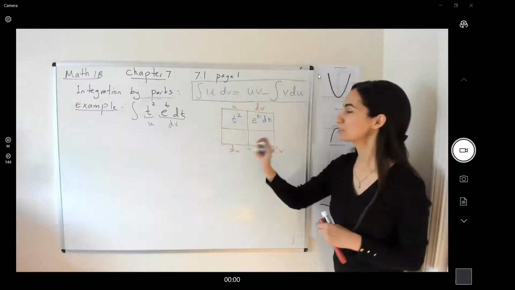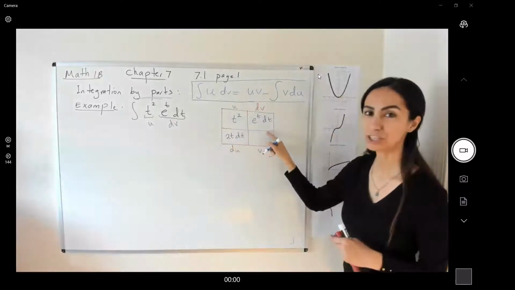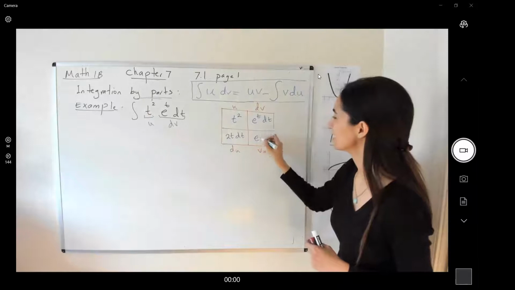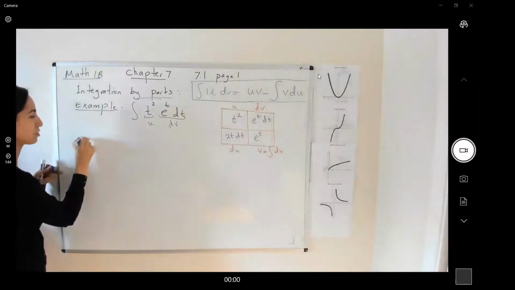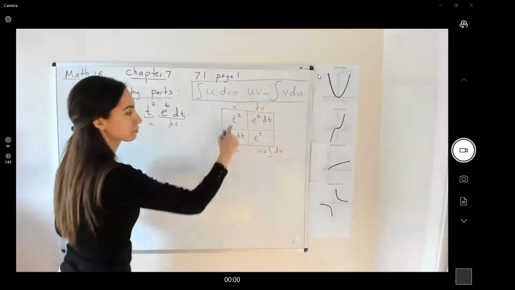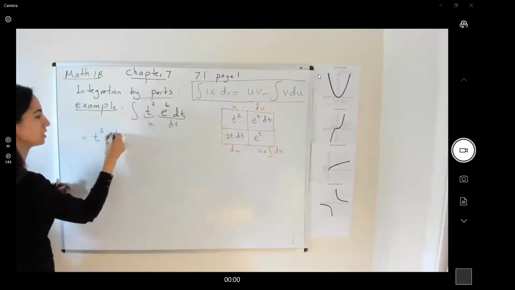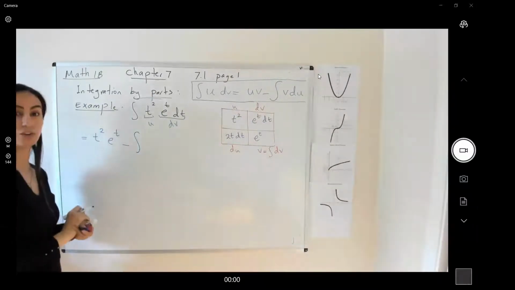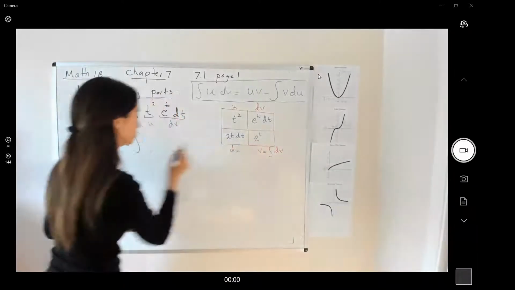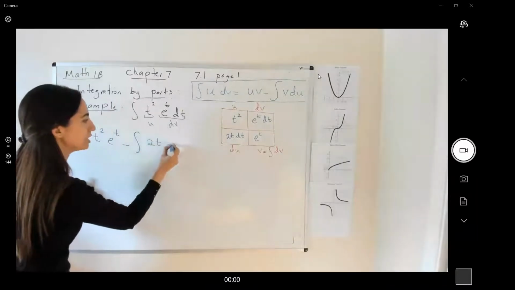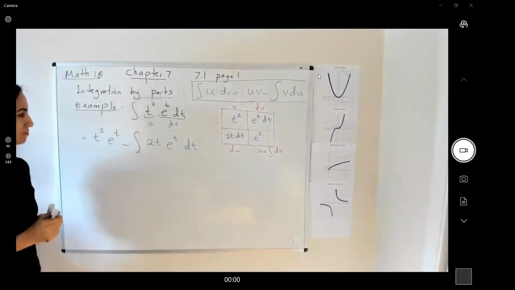The derivative of t squared is 2t dt, and the integral of e to the t is e to the t. Very well. This integral is equal to uv, t squared e to the t, minus the integral of v du, 2t e to the t dt. Very good.